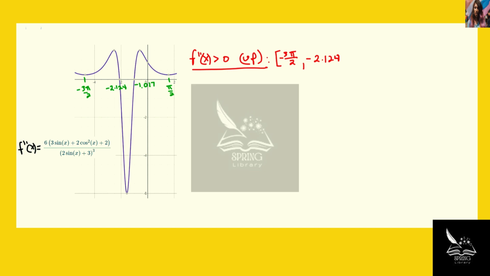And this we're going to exclude because f double prime of x is not strictly larger than 0 there. And then we're going to union this with, from our next x-intercept, negative 1.017, until the end of our period, which is pi half. And we want to include our endpoint here.